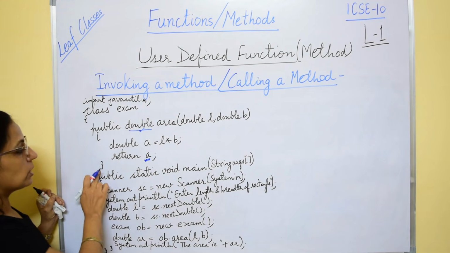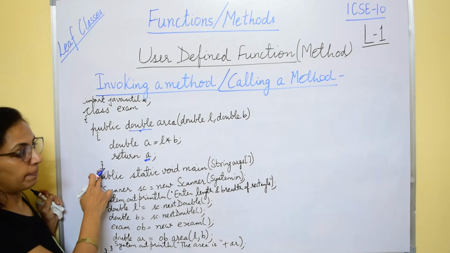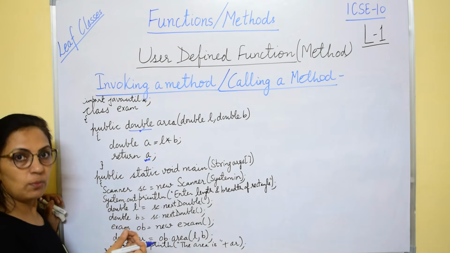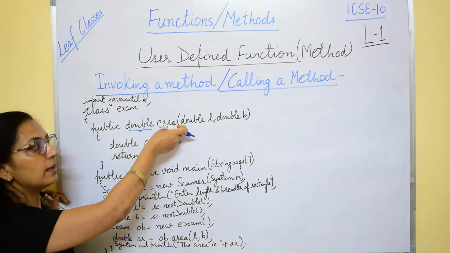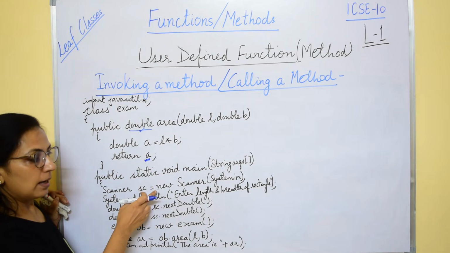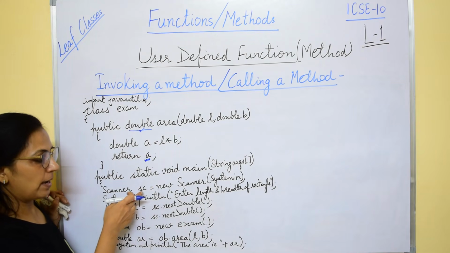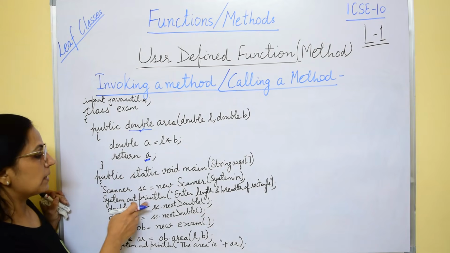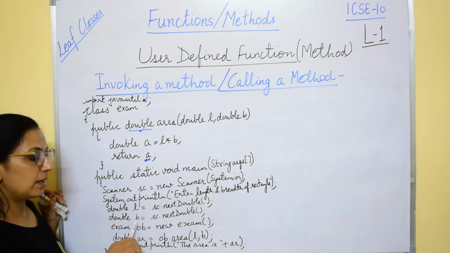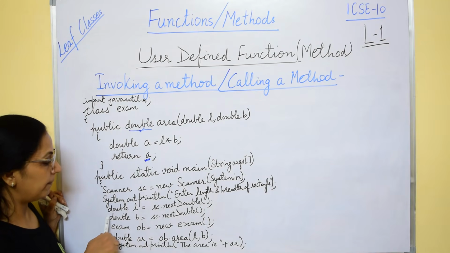Now this function is over here. Then we come to the main function. Through the main function we are calling the area function. Since I will be using a scanner object, I have created the scanner object. Then I have entered the length and breadth of the rectangle in L and B variables of double type.